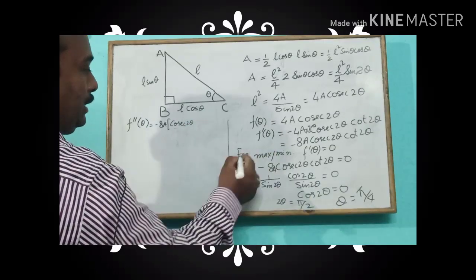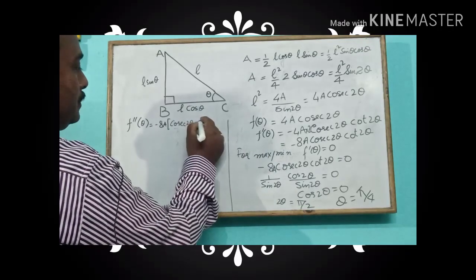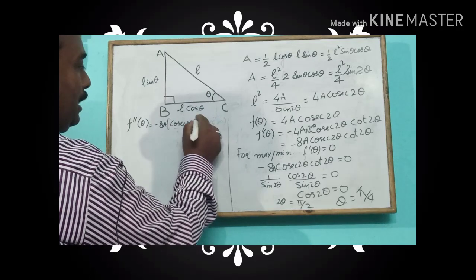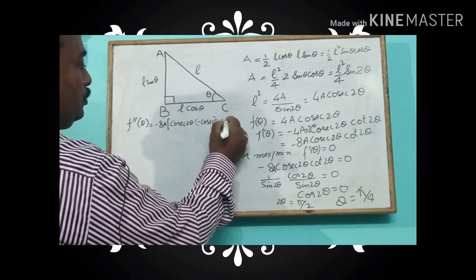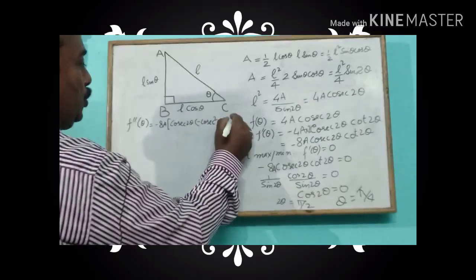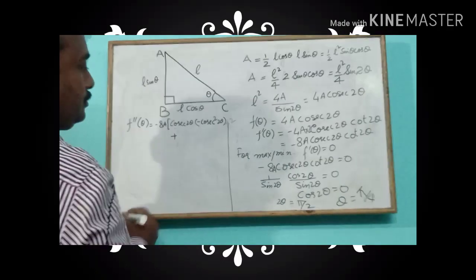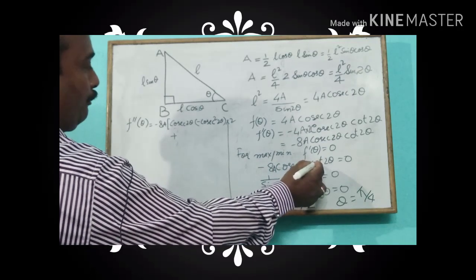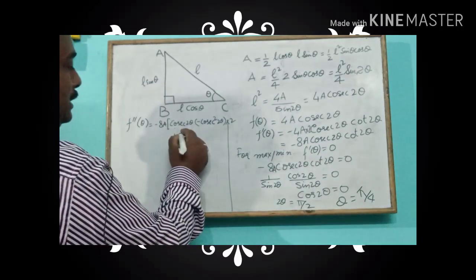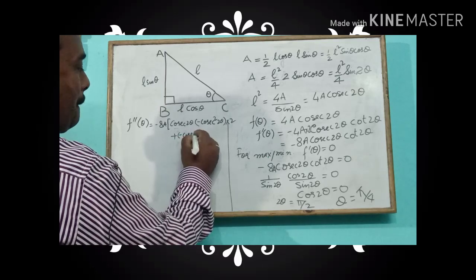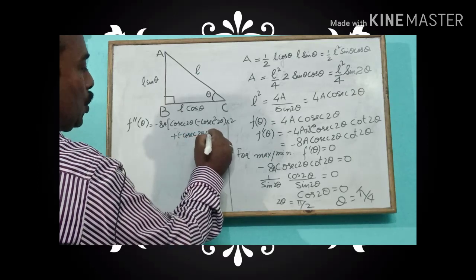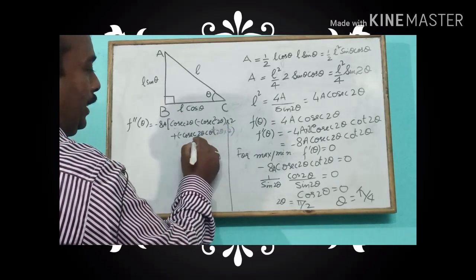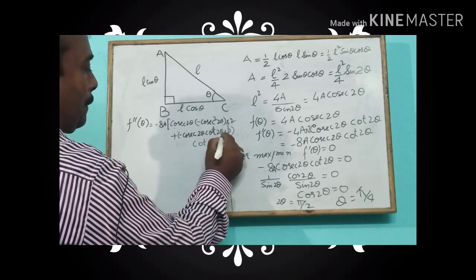Derivative of cot 2 theta is minus cosec square 2 theta into 2, plus derivative of cosec theta is minus cosec 2 theta cot 2 theta into 2 into cot 2 theta.